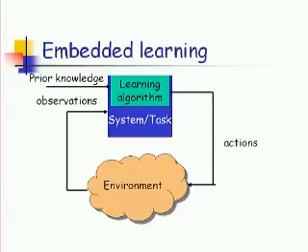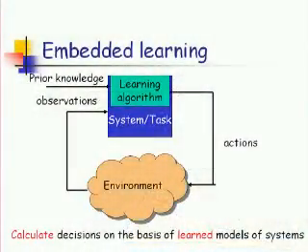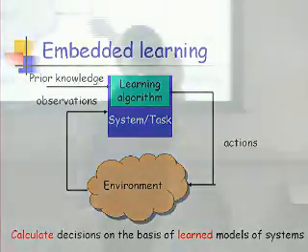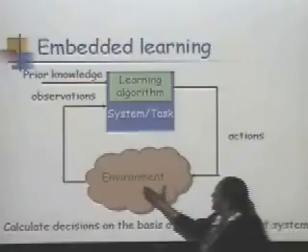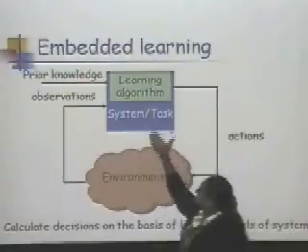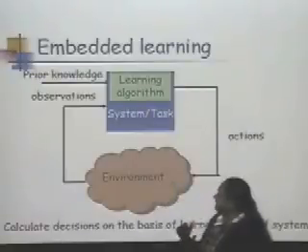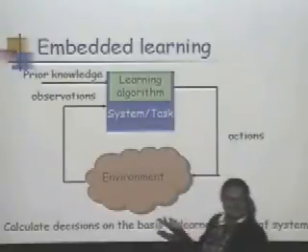And so the cartoon I had from before, the predictive models are not just models for someone to ooh and ah over, but rather things that actually have an influence in the way you choose your actions. So you calculate decisions on the basis of learned models of systems. That's the point. When a designer makes a system for solving a particular task in an environment, he makes assumptions.